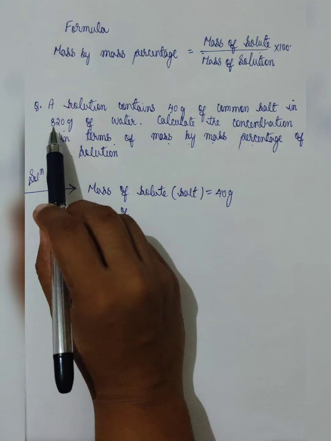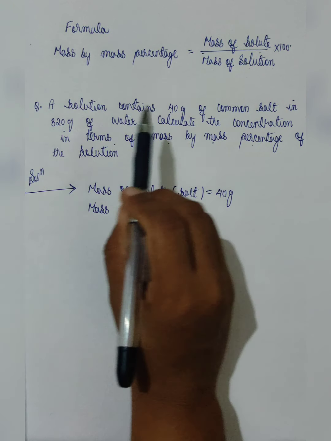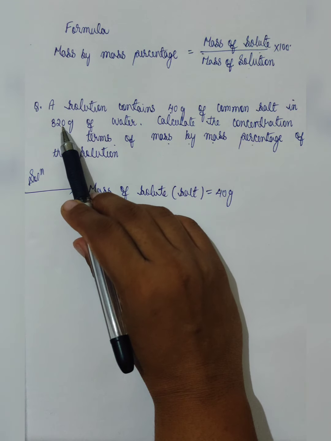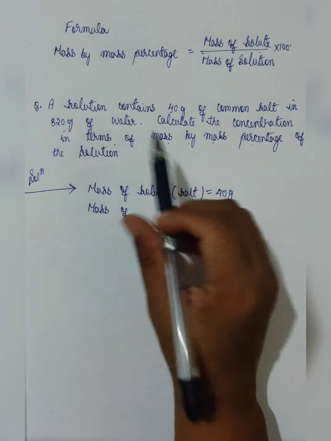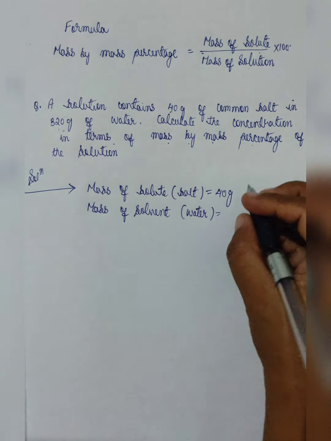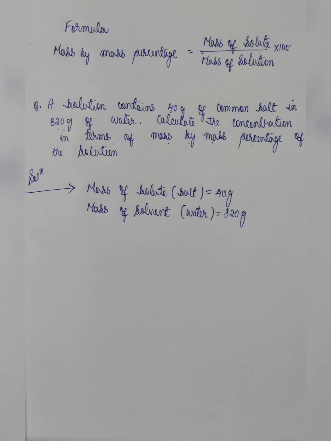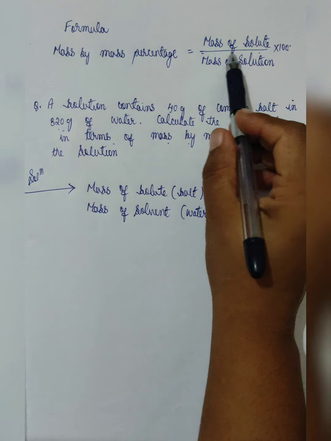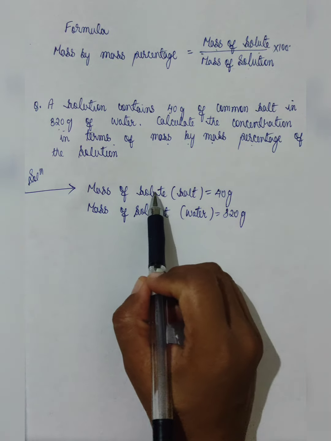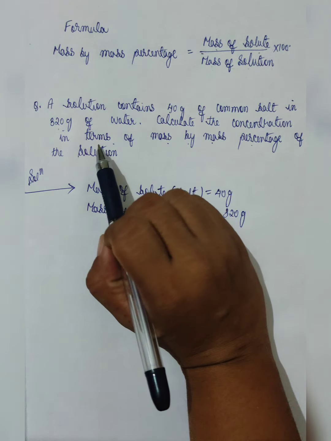So what we will write is the mass of solvent, because this is our solute and this is our solvent. So mass of solvent is 320 gram. Now what we have to do is get the mass of solution. Mass of solute we already got. Mass of solution we have to find.